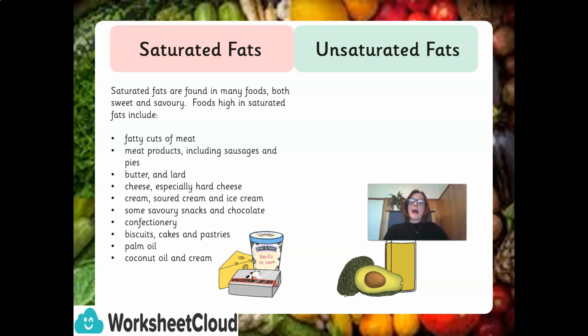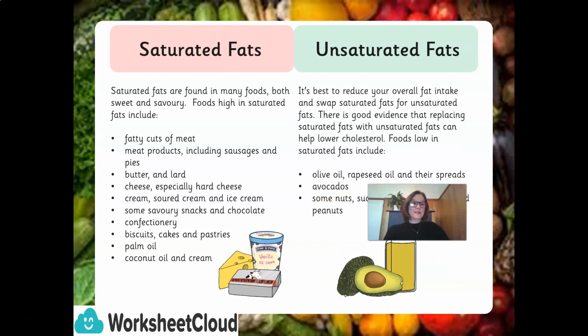Foods high in saturated fats include the following: fatty cuts of meat, meat products like sausages and pies, butter and lard, cheese, especially hard cheese, sour cream, cream, and ice cream, some savory snacks and chocolate confectionery, all the good stuff, biscuits, cakes, and pastries, palm oil, coconut oil, and cream. Now remember, we need to have these in very limited quantities.